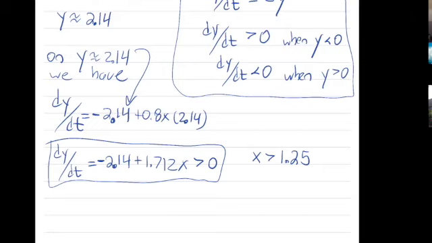So when x is bigger than 1.5, we have dy dt is positive, so these are going to point up. And when x is less than 1.25, dy dt is negative, and these vectors are going to point down.